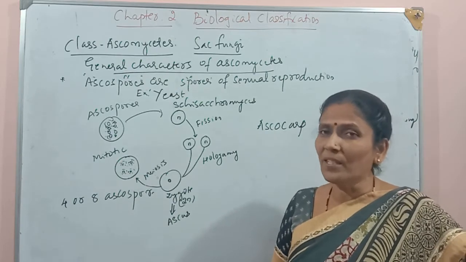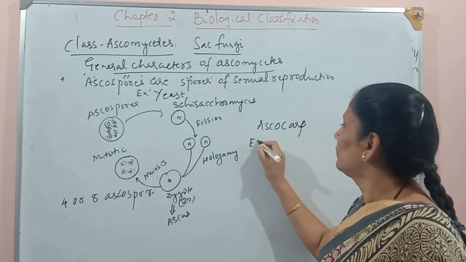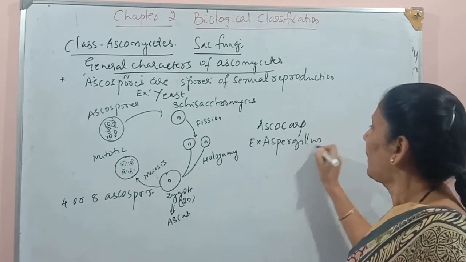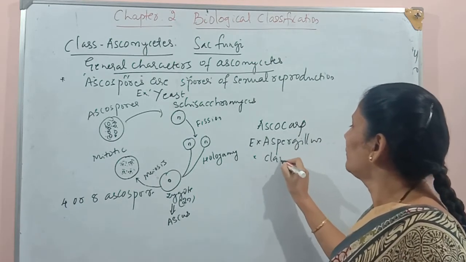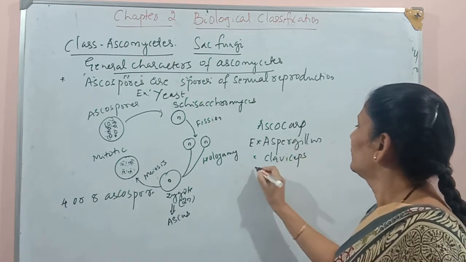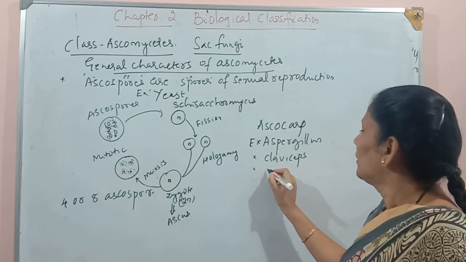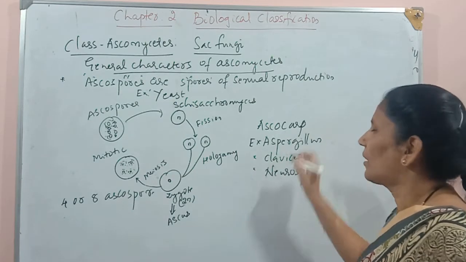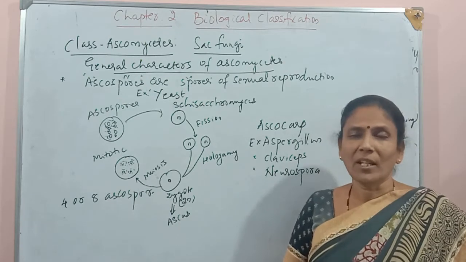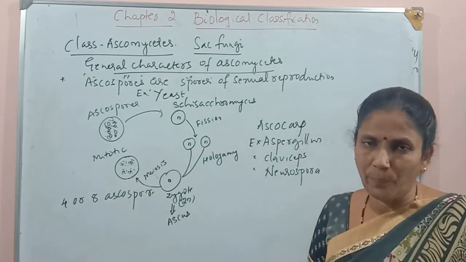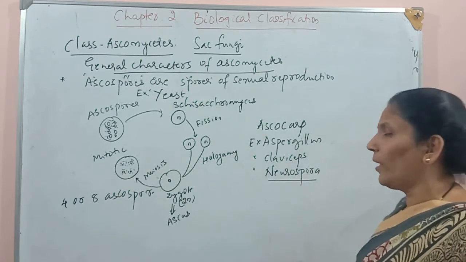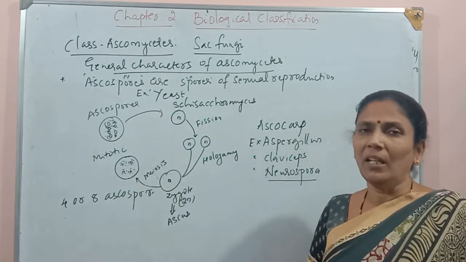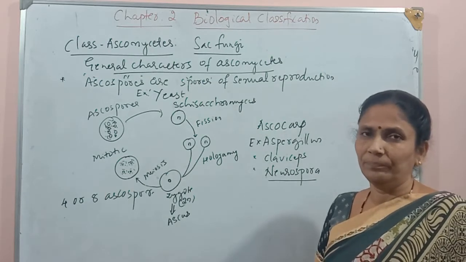Examples are Aspergillus, Claviceps, and Neurospora. These are examples for the Ascomycetes group. Neurospora is extensively used in biochemical and genetic work.